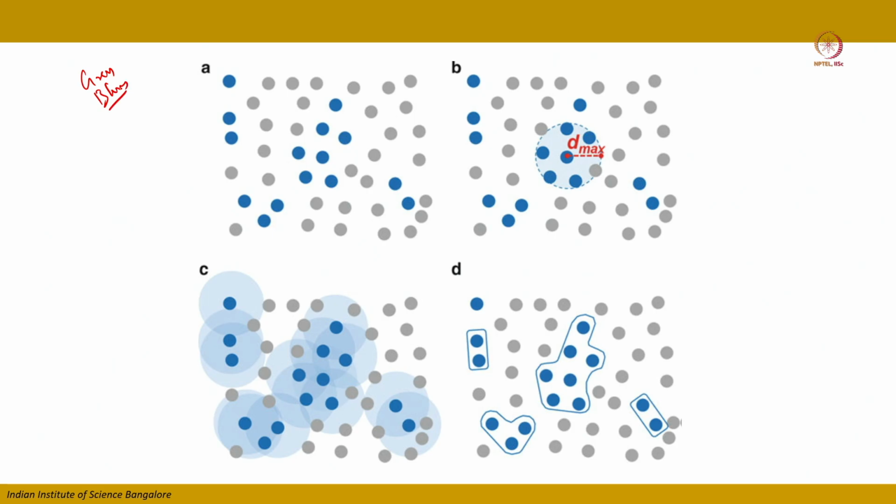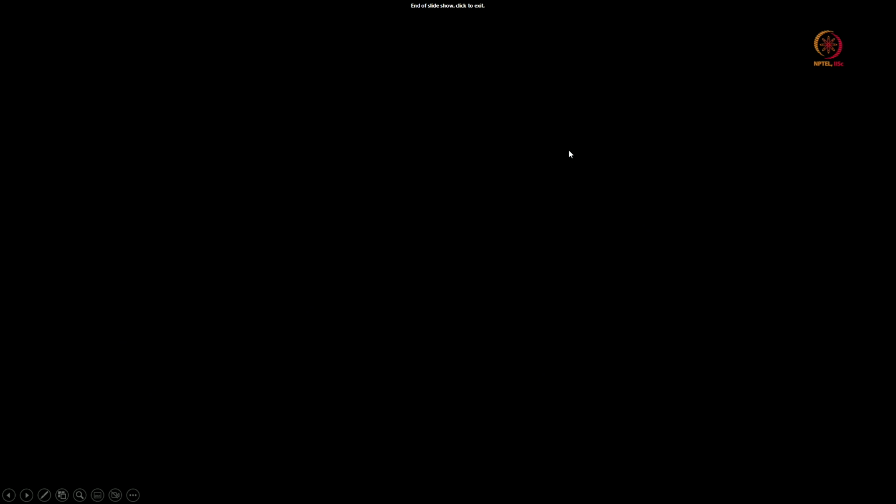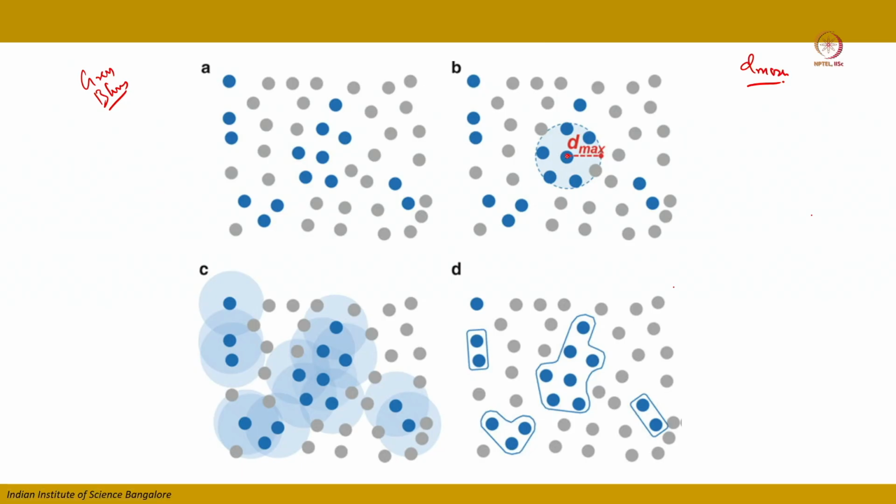If you assume that D max is chosen as the maximum separation distance between two solutes or two atoms, then if you point out this particular atom and draw a circle or sphere of radius D max around it, the atoms which are at a distance less than D max are together called one cluster.